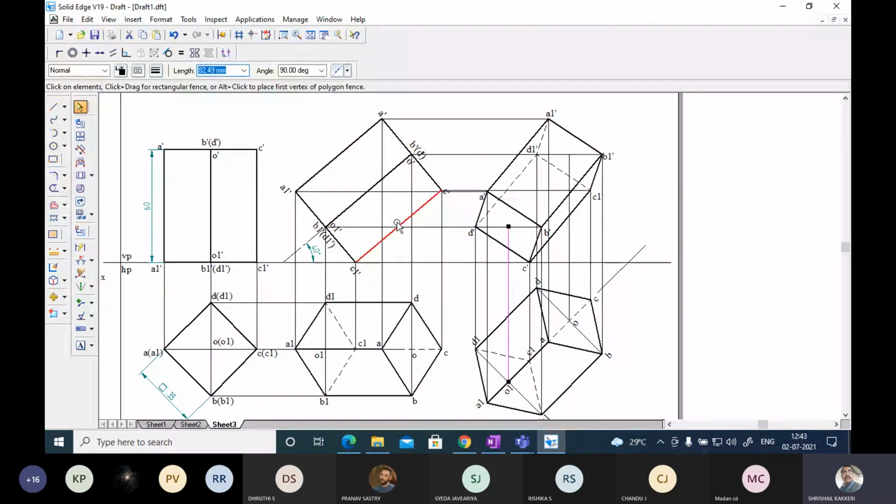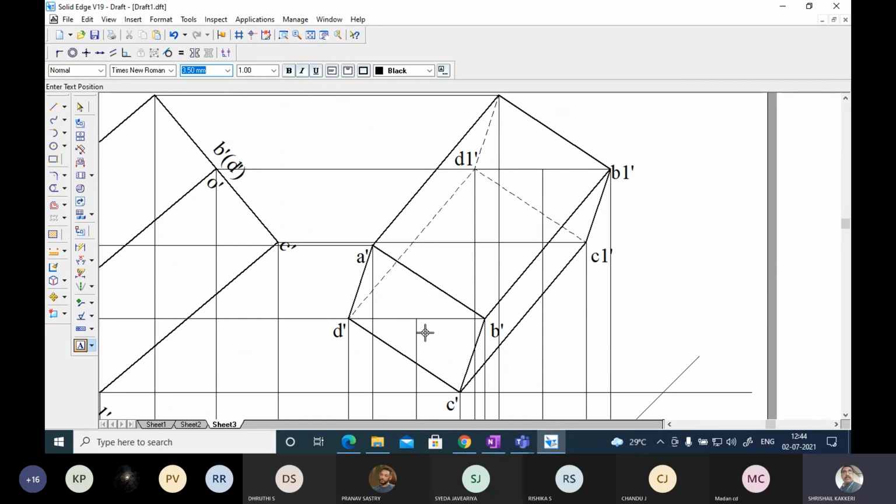Here O and O and O and O. This is where it is meeting, these 2 points. So we write them as O1 dash and O dash. Now take the center line from here to here. This will be the axis line, or center line.